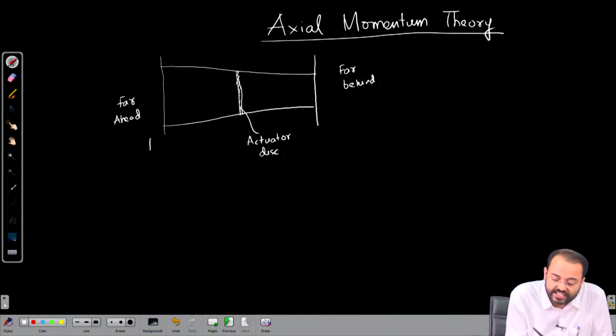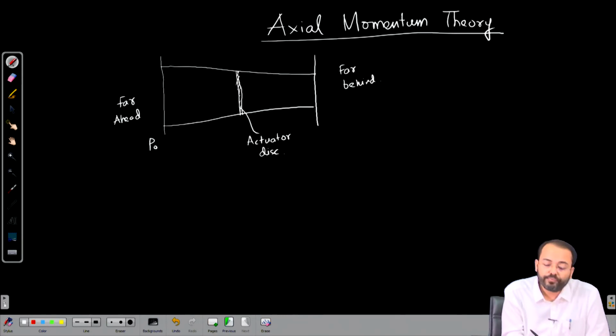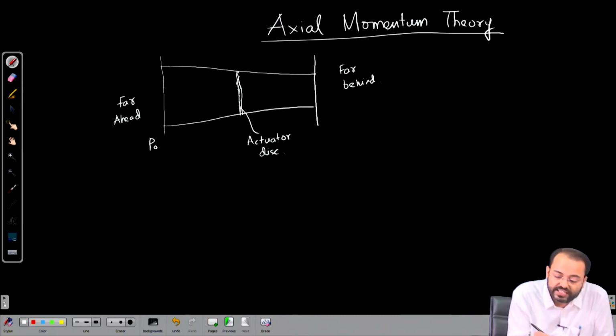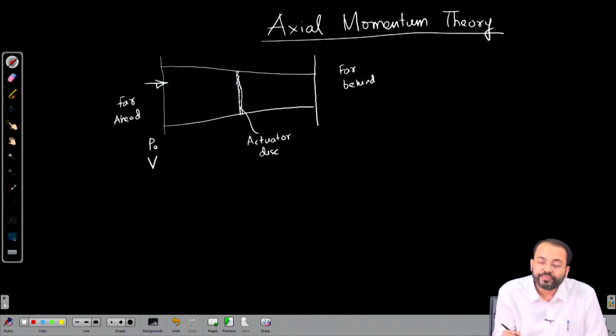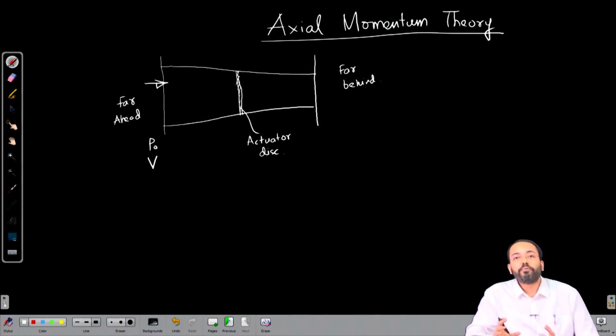Far ahead, let us say the pressure is P0, and a velocity we put at the inlet, in this direction, which is V. Now, we have to remember that the propeller ideally should move ahead in the fluid at a velocity V. Instead of that, we are resolving the hydrodynamics in such a way that we are giving a flow V at the inlet and keeping the propeller fixed. That is how typically these problems are analyzed.